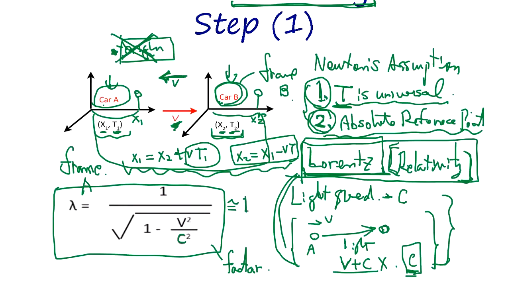If lambda is nearly 1, then what we observe, this classical physics result, is true. If v goes close to c, then lambda would be bigger than 1.